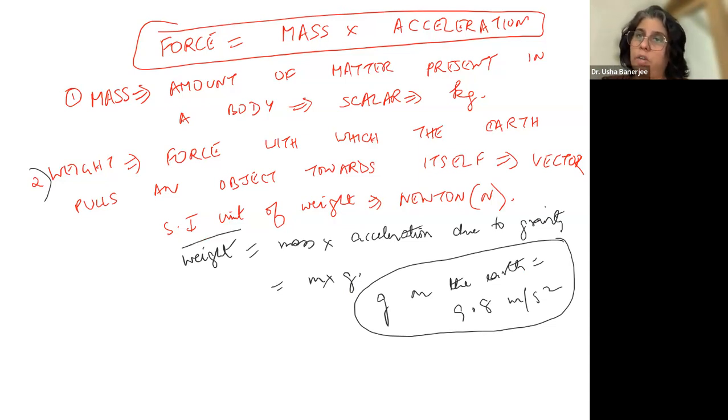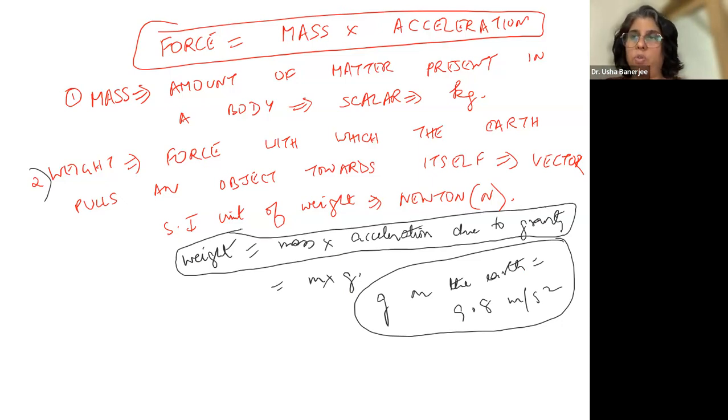So this is the formula to calculate weight. Till now, if you thought that mass and weight are the same, that's totally incorrect. Done. Everybody understood? Nishtha? Chalega? Okay. Right. Fine. Very good. So mass and weight clear.